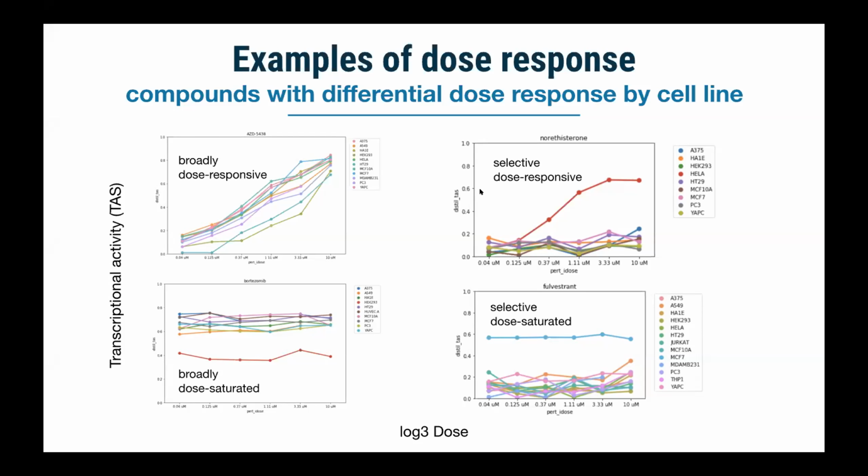Whereas norepinephrine, which I think is an estrogen receptor antagonist, is selectively dose responsive in only one cell line. And fulvestrant, another estrogen receptor antagonist, is selectively dose saturated in only one cell line. So even just looking at something as simple as the overall activity level of a signature and comparing that with dose, you can see some interesting patterns emerge.